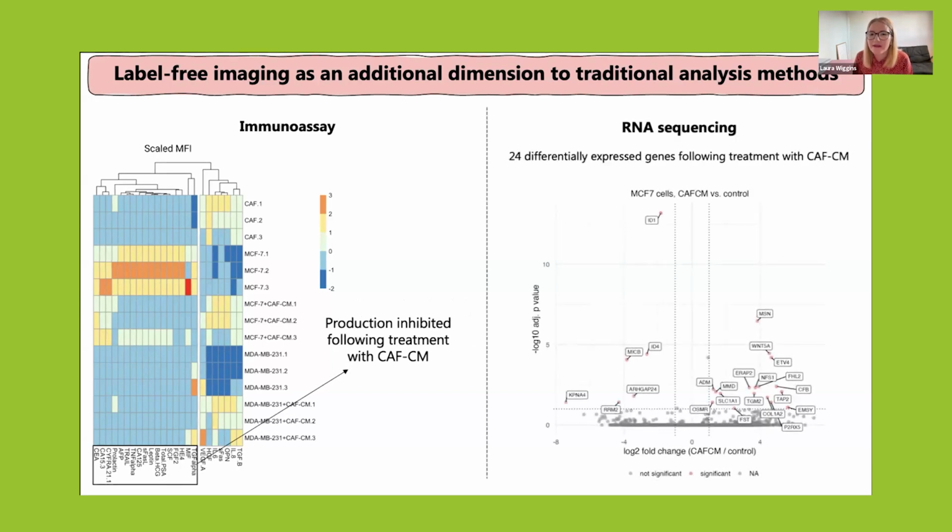And again, another technique that we've looked at correlating our imaging data with is RNA sequencing. So we wanted to see, are there any differences in gene expression when cells have been cultured in CAF conditioned medium? And particularly for our MCF7 cells, we have found some genes that are differentially expressed after treatment with CAF conditioned medium.